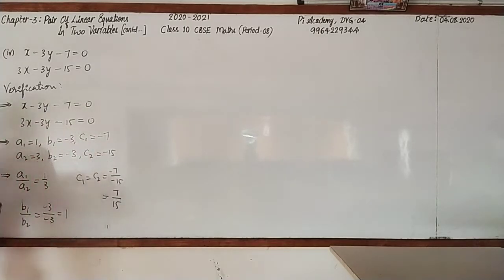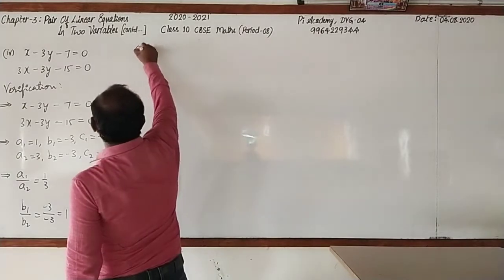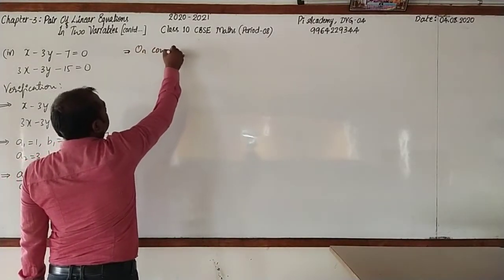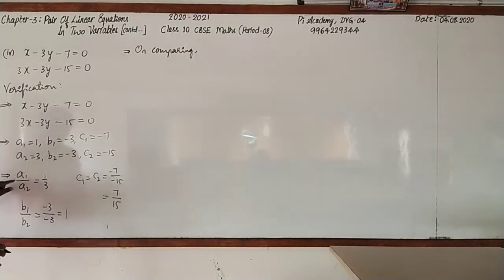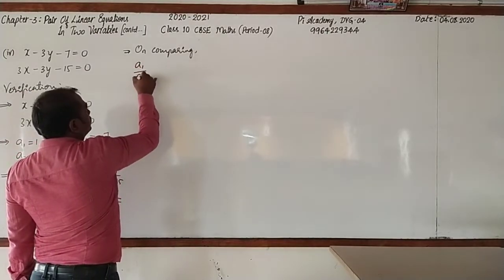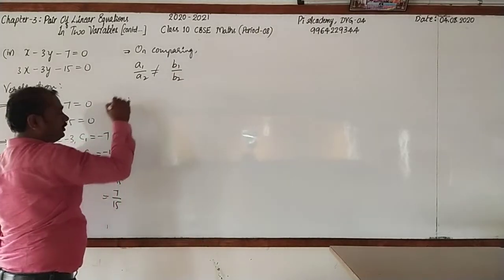Then next step, compare all the three ratios. On comparing the ratios, we can write a1 by a2 is equal to 1 by 3, b1 by b2 is equal to 1. Hence they are not equal. a1 by a2 is not equal to b1 by b2.